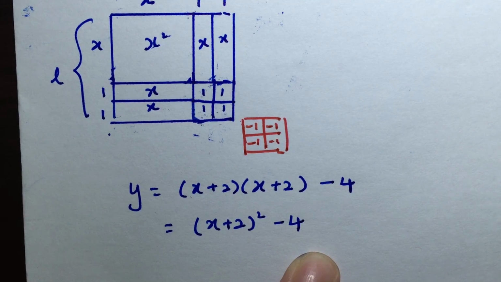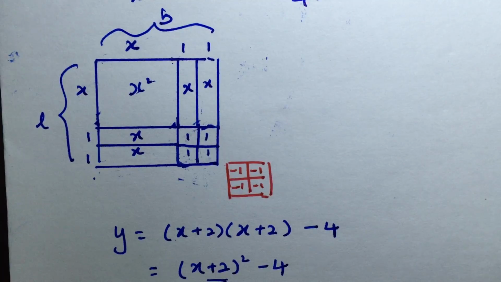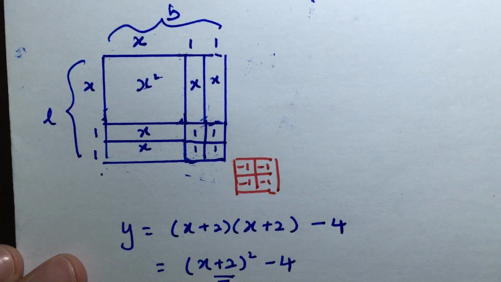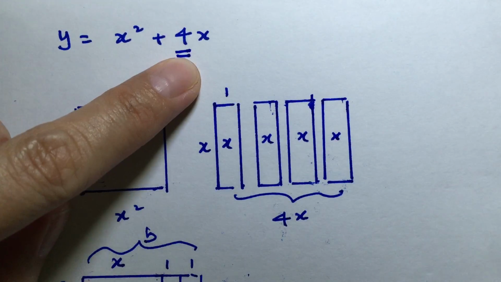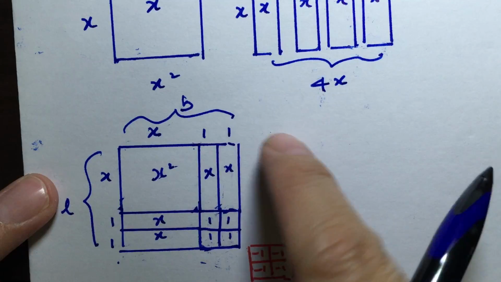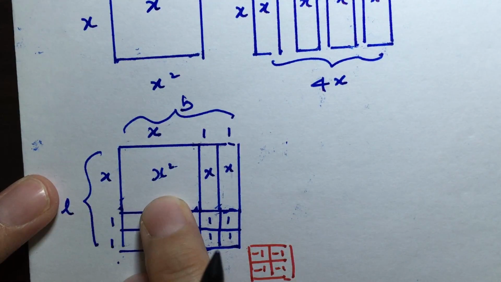What you have to notice is that this value 2 is in fact connected to this 4 here. So how do I get the 2? It's because I distributed 4 of these bars evenly on this side and this side. So it's always dividing by half, because I'm going to evenly distribute it.